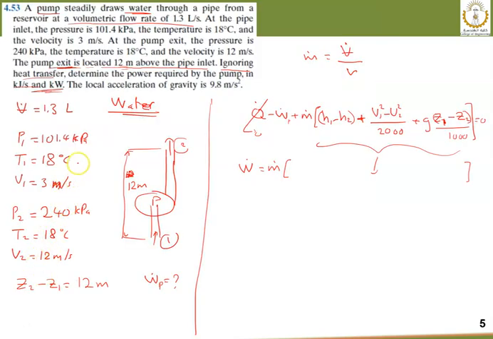But we have our pressure at the inlet of 101 kilopascal and at the outlet 240. So in both cases it's very clear that what we have here is water.